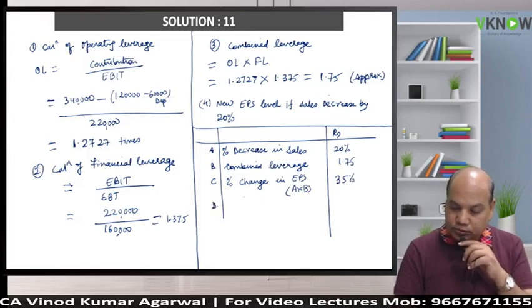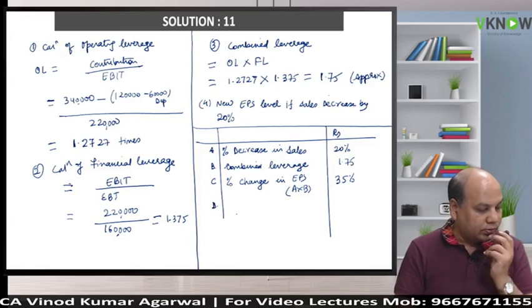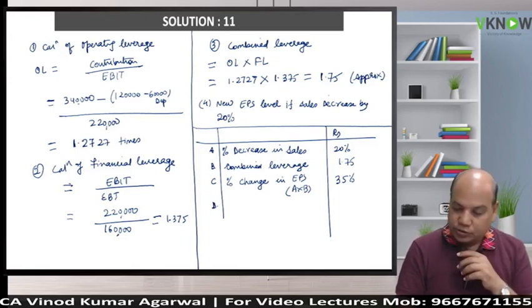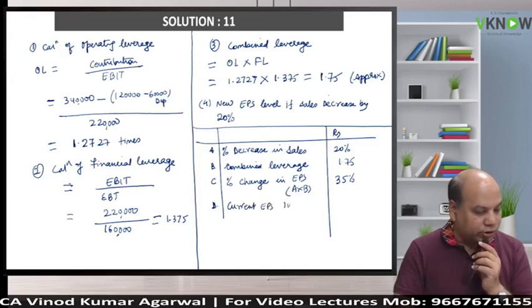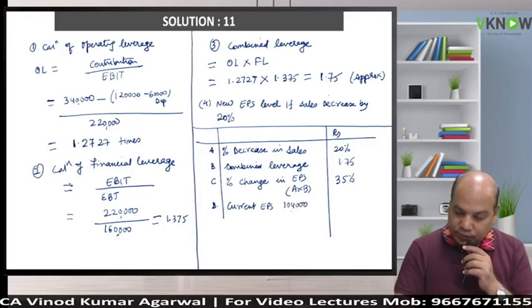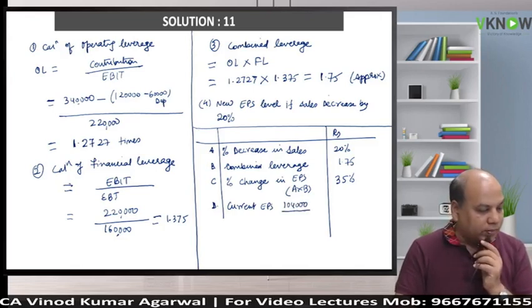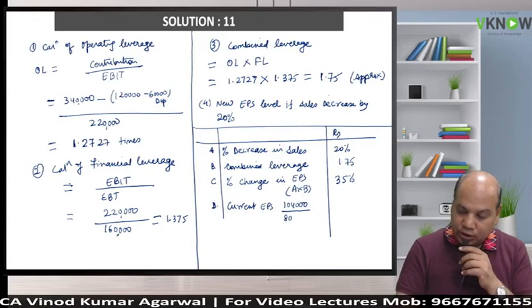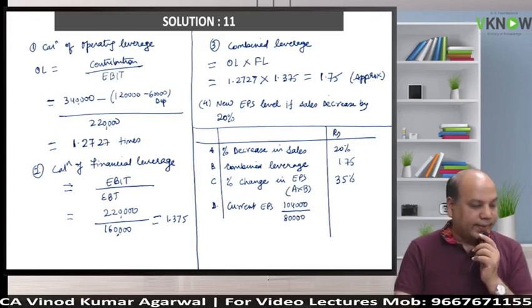Point number D. Do we have any tax in this problem? Yes. First I have to find current EPS, which we have not done actually. Current EPS is 1,04,000 is the earning after tax, and the number of share in the balance sheet is 80,000. 8 lakh divided by 10, 80,000. So can you guess what is your current level of EPS?